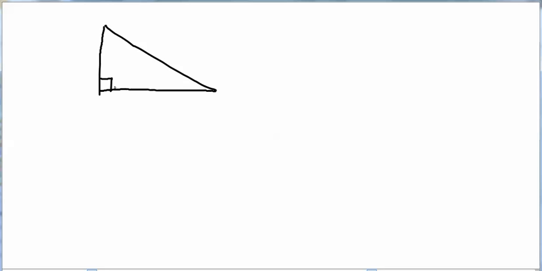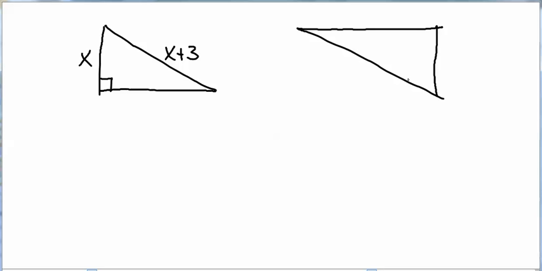You got a right triangle, and its sides are x and x plus 3. You got another triangle, and its sides are 3y and y plus 1. Two right triangles.